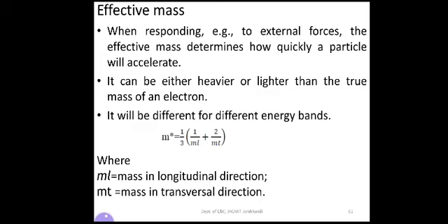It will be different for different energy bands. That is given as m asterisk equal to 1 upon 3 into 1 upon ml plus 2 upon mt, where ml is the mass in the longitudinal direction and mt is the mass in the transverse direction.